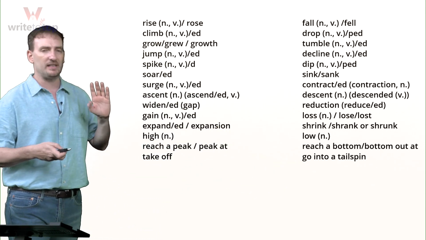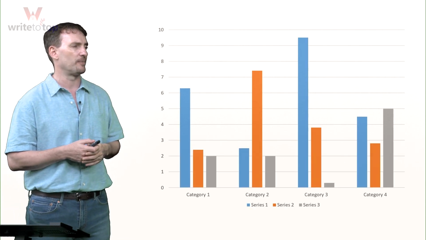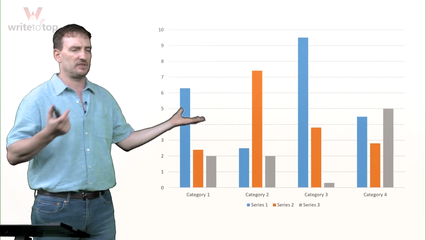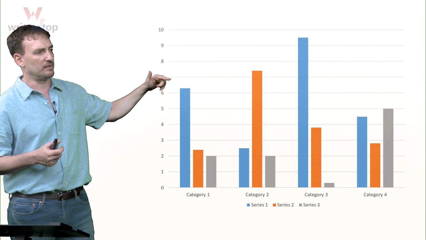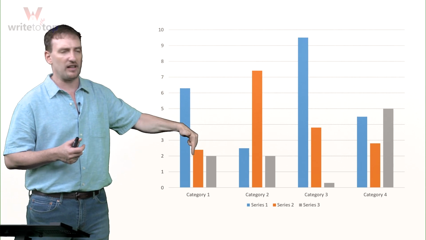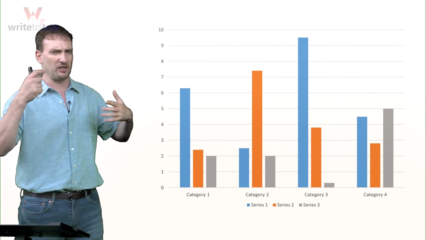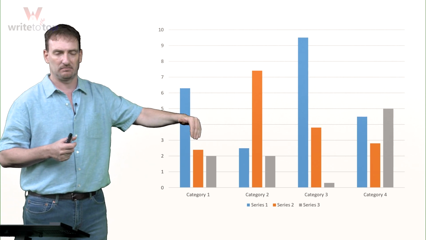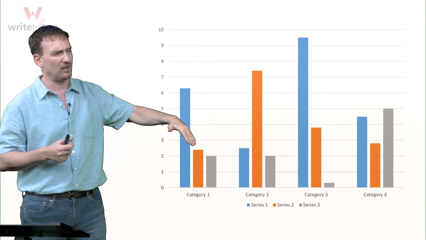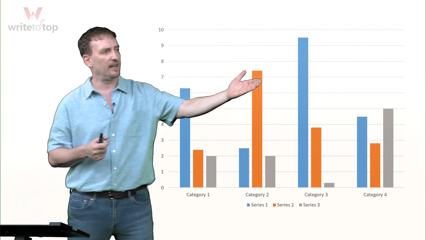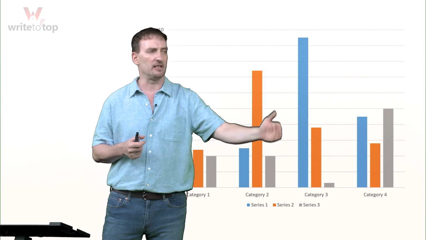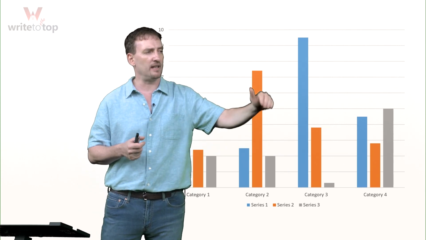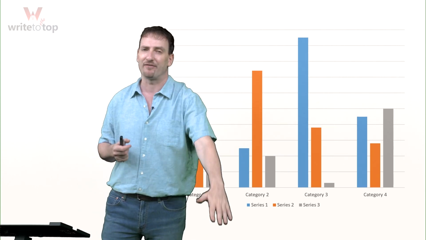Now, a little bit easier when you see it in actual use. So here we have some situations. So here, the blue fell sharply. You can use the word sharply. You can use adverbs to describe it. Or it sank. Or it went into a tailspin, although it's not very prolonged. Here, I would say went into a tailspin. Fell very sharply, and then fell again very sharply.